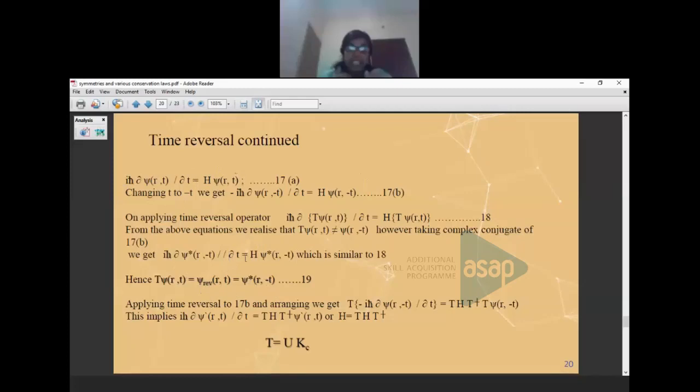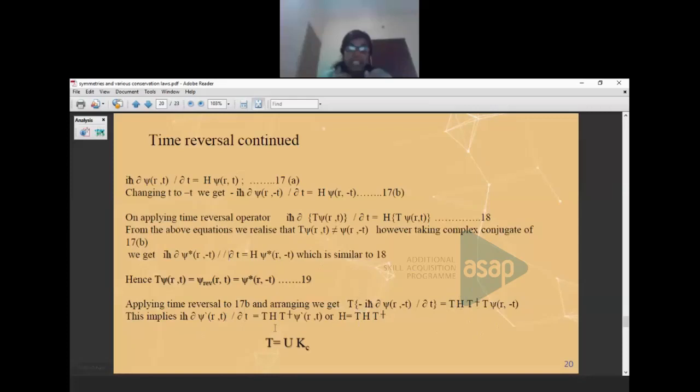Psi star R minus T. This is a profound find. Now applying time reversal and using it like T iħ ∂psi/∂t, this can be written as T, you know already H psi. Then T dagger T, because T dagger T is 1, H psi.